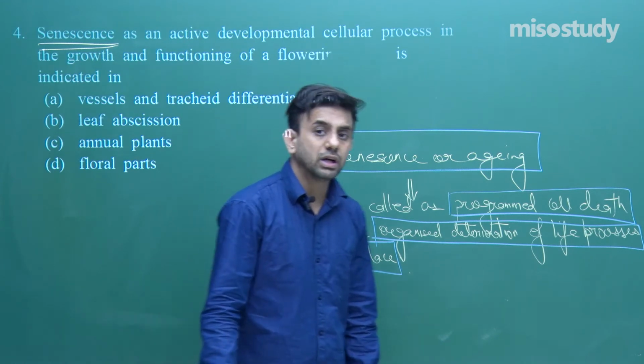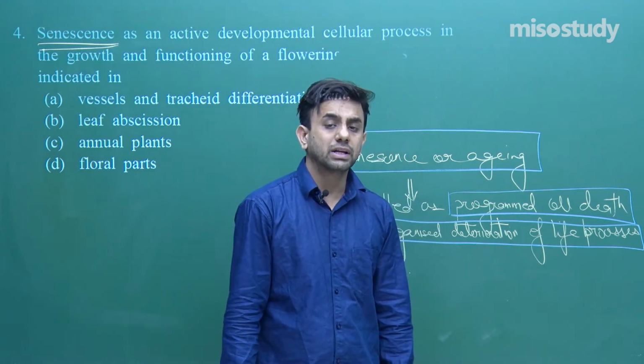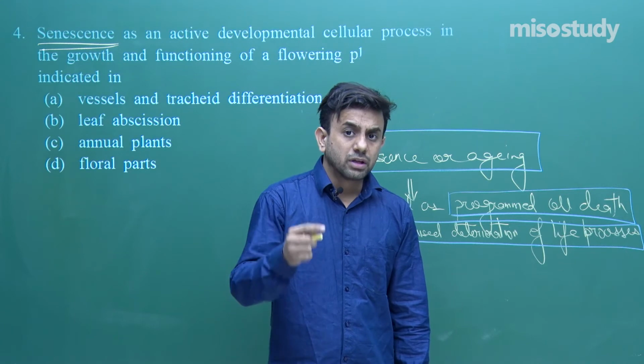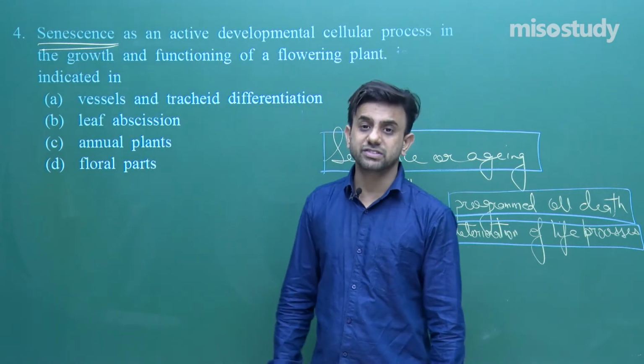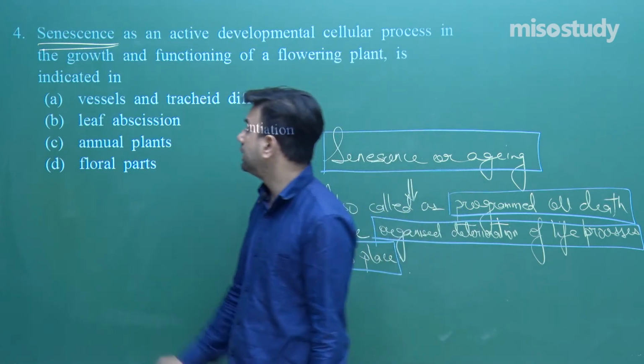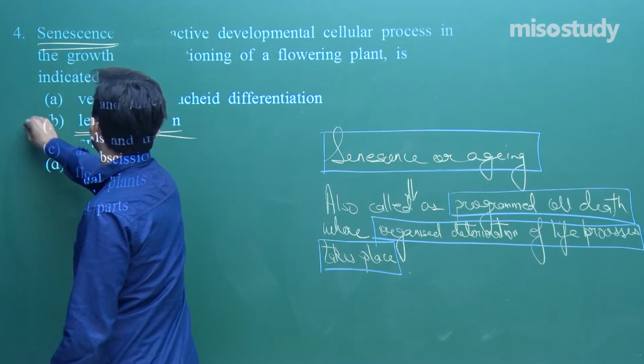And what will we see here? That yes, leaf abscission is one of the aspects, or one of the constituents, of senescence or aging, right?